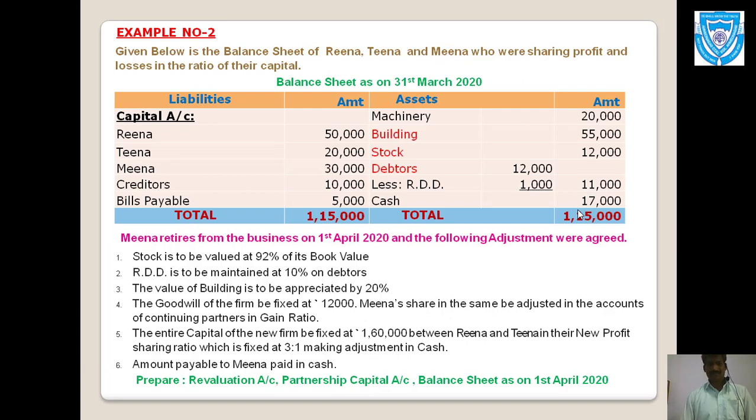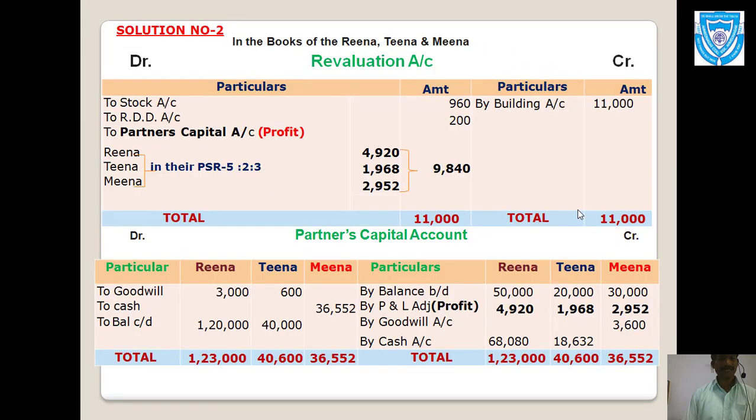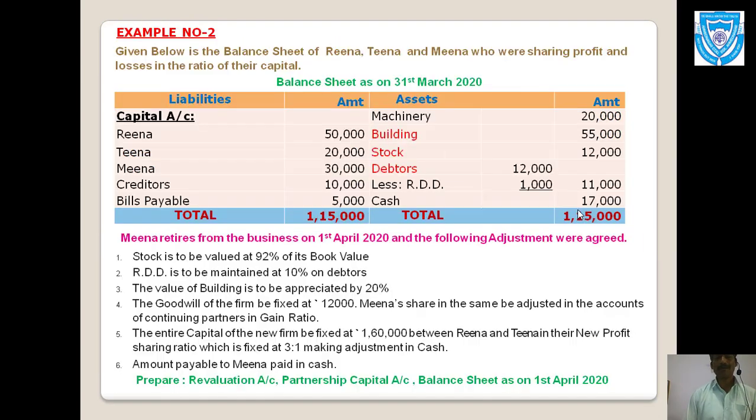Then debtors. Again it is said that RTD is to be maintained at 10% on debtors. You can see debtors amount is rupees 12,000. That means 10% of 12,000 will be 1,200. But here only RTD 200 is credited. Why? Because 1,000 rupees RTD is already considered here.